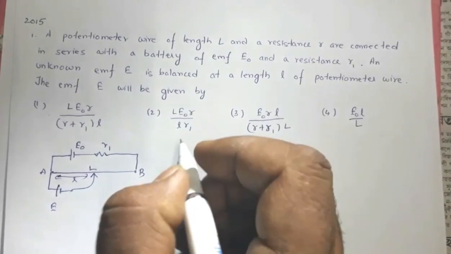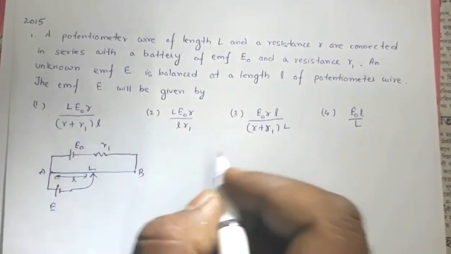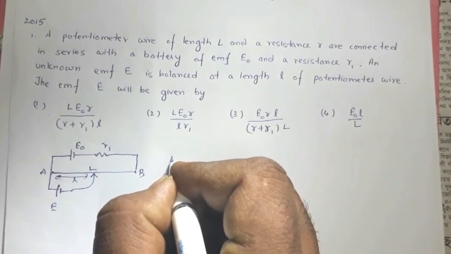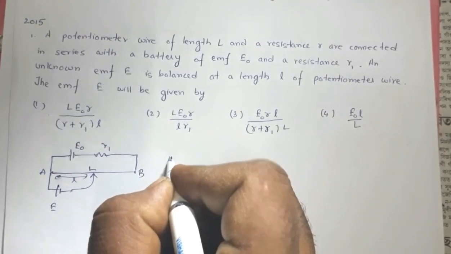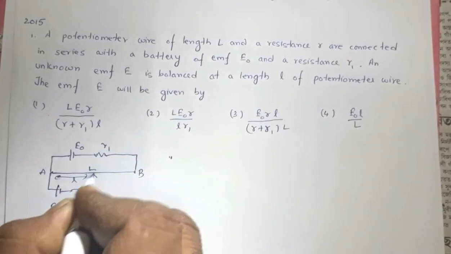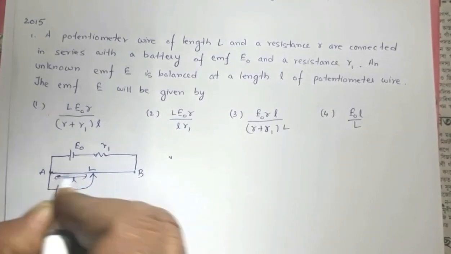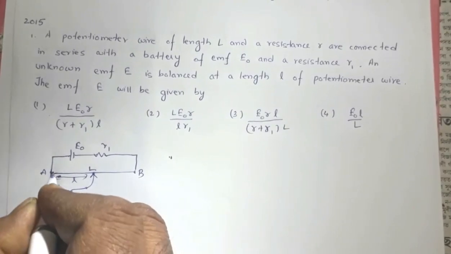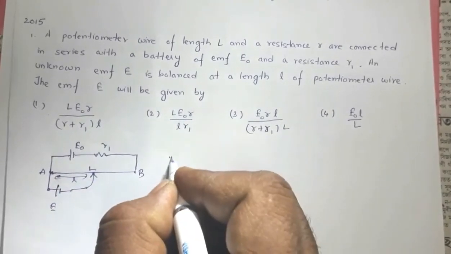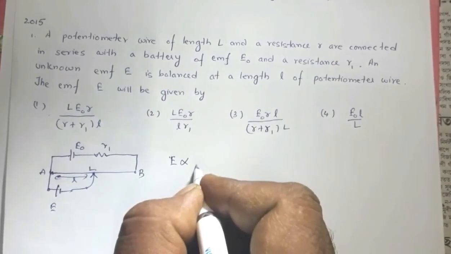Now we know that for a potentiometer the potential drop is proportional to the balancing length. That means the potential drop across this part is the same as the potential drop across this part. Now this is E, so the potential drop across this part is also E. So E is proportional to l.